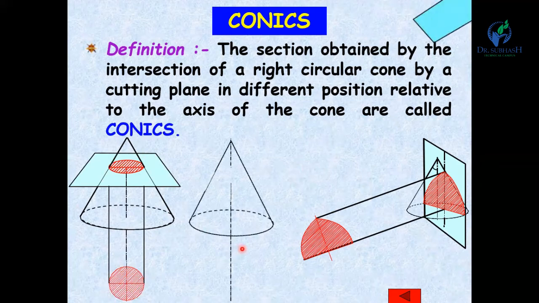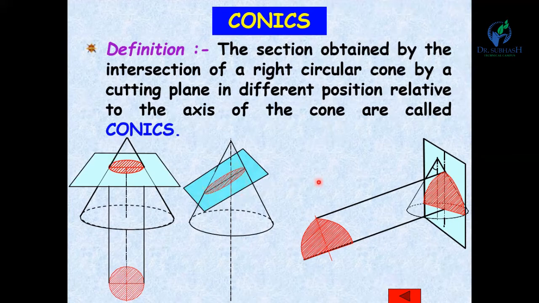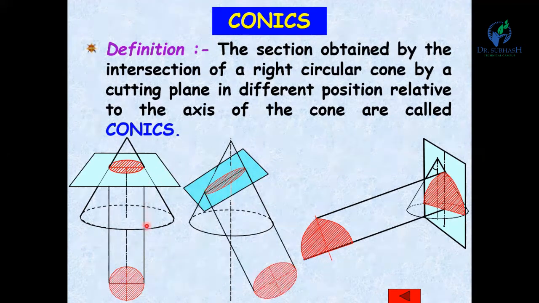Similarly, if the cutting plane is inclined with the axis, then you will get the ellipse. This curve is known as an ellipse. What is the difference between these two? Here the plane is parallel to the base and perpendicular to the axis, and in this case the plane is inclined to both the axis as well as its base, and it is passing through both sides of the axis.